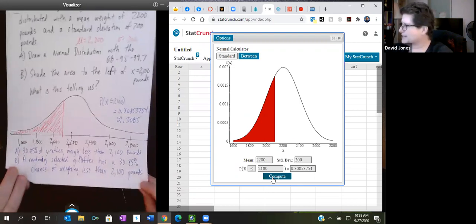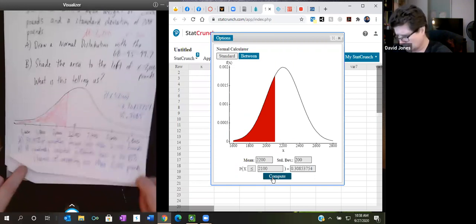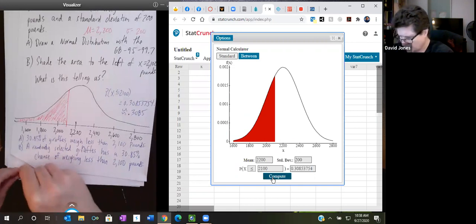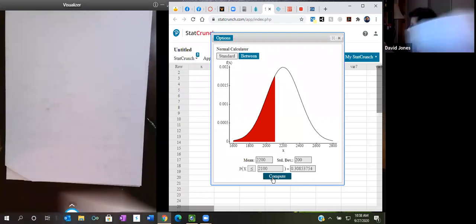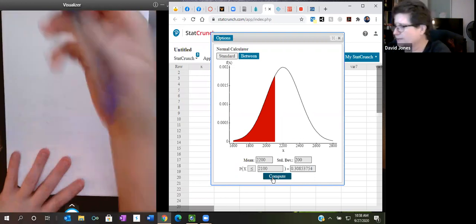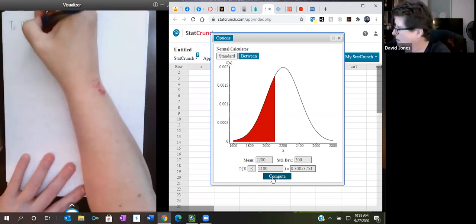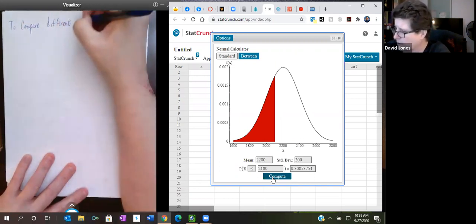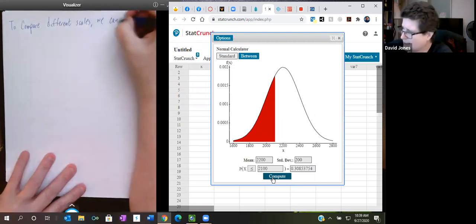To compare different scales though, we can convert scores to z-scores.